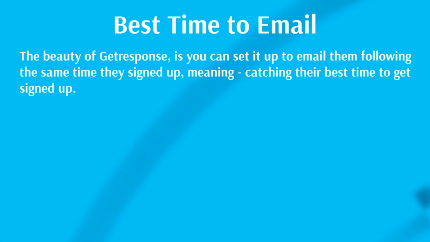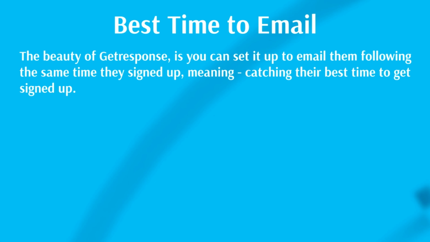So let's say, for example, that one of your subscribers signed up on Wednesday at 3 p.m. What GetResponse will do is actually detect that, and you could set that within your email autoresponder system and say, okay, email them every day at 3 p.m. or every week on Wednesday, 3 p.m.